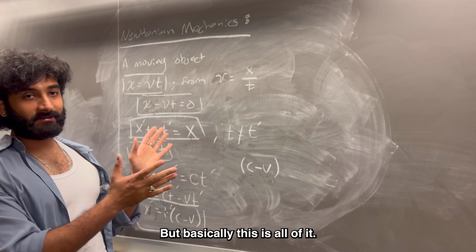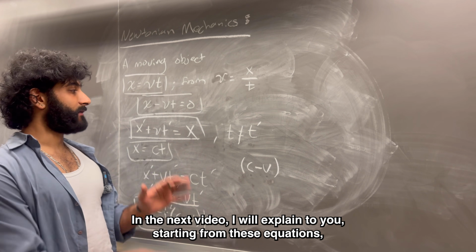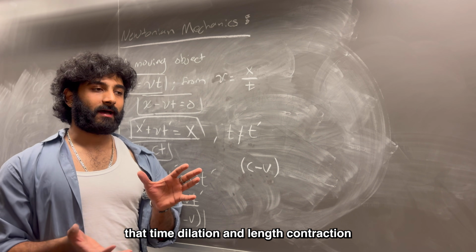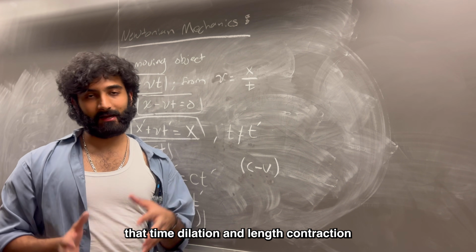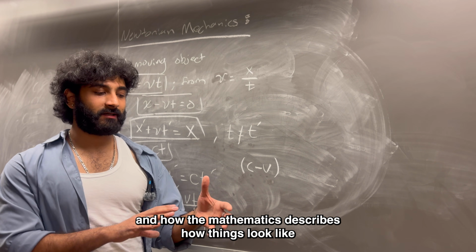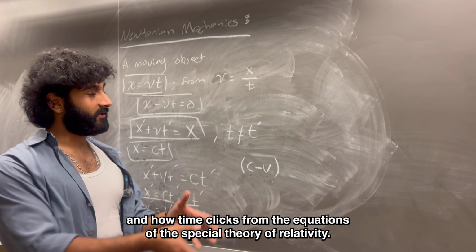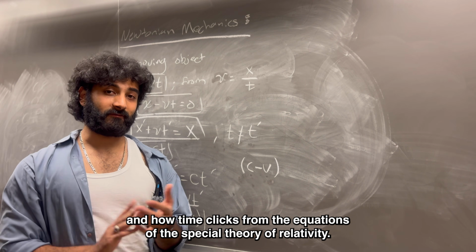But basically this is all of it. In the next video, I will explain to you, starting from these equations, time dilation and length contraction, and how the mathematics describes how things look like and how time clicks from the equations of the special theory of relativity.